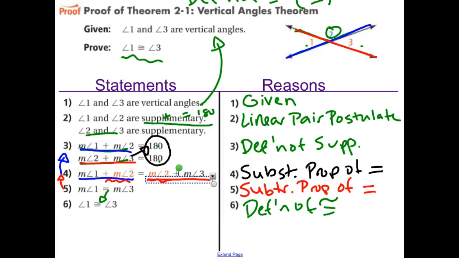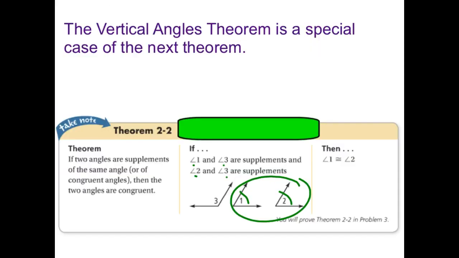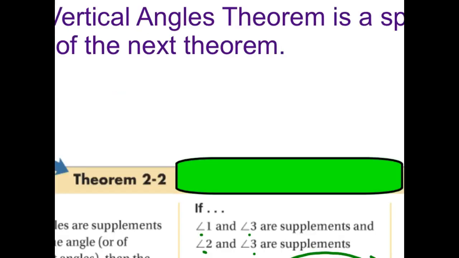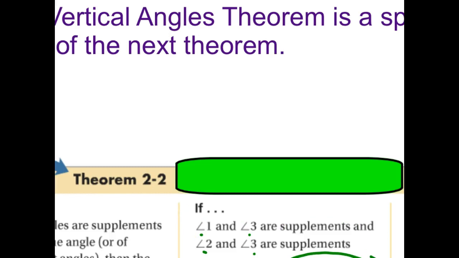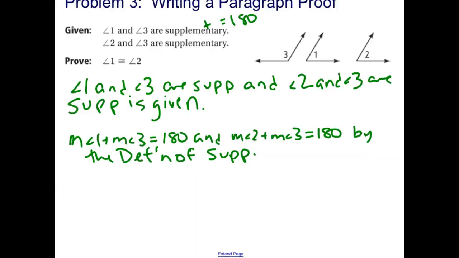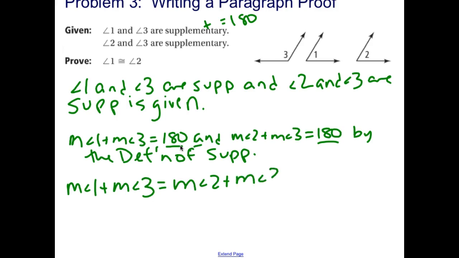That's probably what we want to do on this one. Sorry about that, my board took off on me. So we said they're supplementary, and we probably want to link them together using these 180s to say, hey, these two things are the same. The measure of angle 1 plus the measure of angle 3 equals the measure of angle 2 plus the measure of angle 3. We talked about how that's by the substitution property.